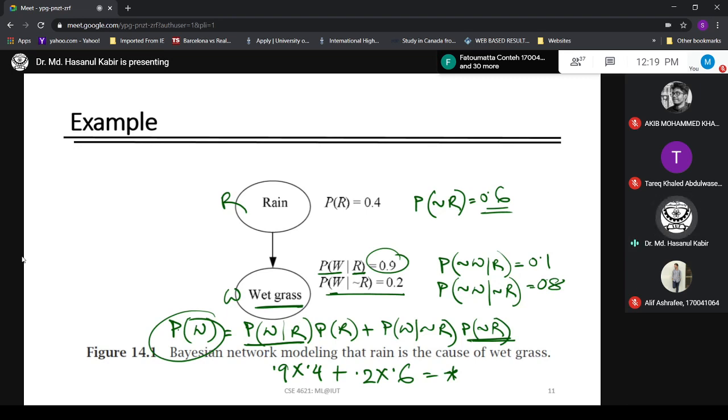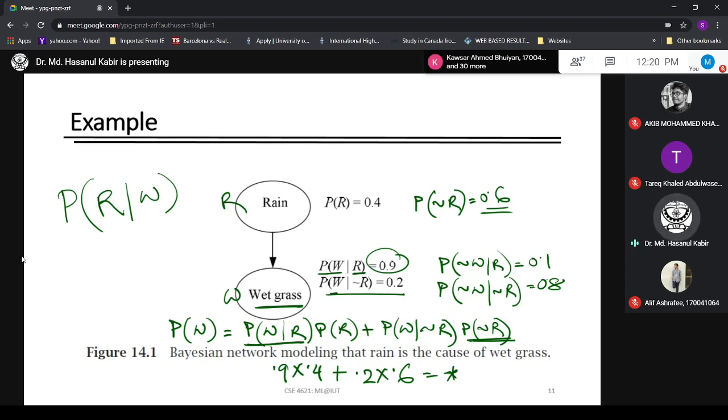Okay. Now, if I ask you the other way around, let's say I want to know, given the grass being wet, what is the probability that it rained today? Can you find it out? It's very easy, right?